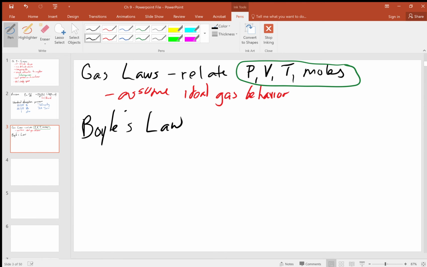But we start with Boyle's law. Boyle's law assumes that we have constant temperature and that the number of moles of the gas do not change. So in other words, we're looking at pressure and volume.